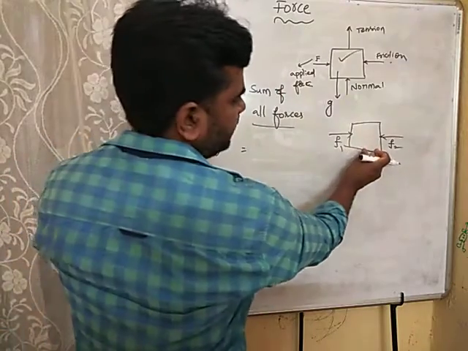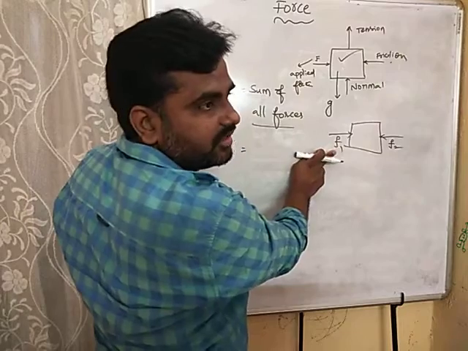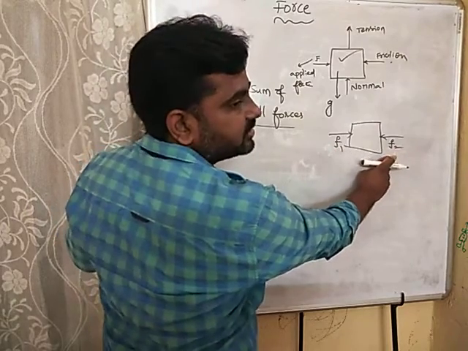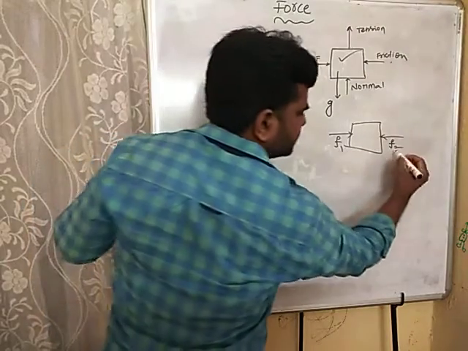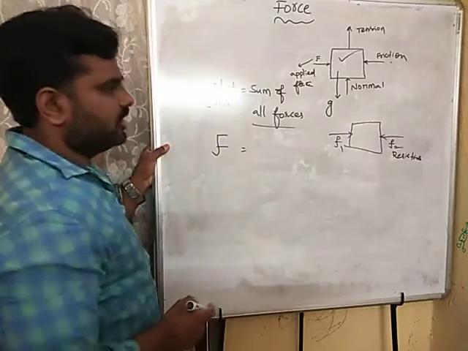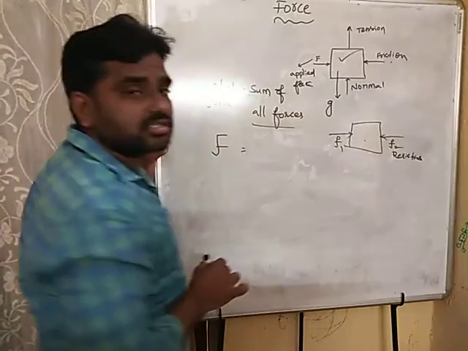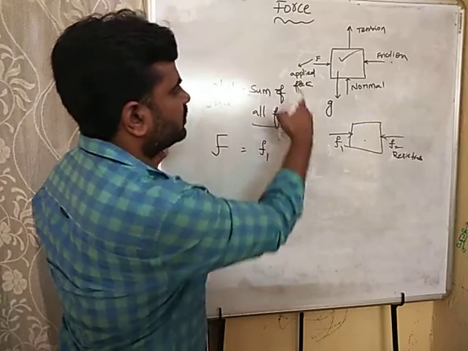That means what? Say here, take the same example. Assume that this is a table and you are applying a force of F1 and the other person is pushing the same table with another force. That means he is resisting your force, isn't it? What is the net force acting on this body? So F is equal to the sum of all the forces, no?